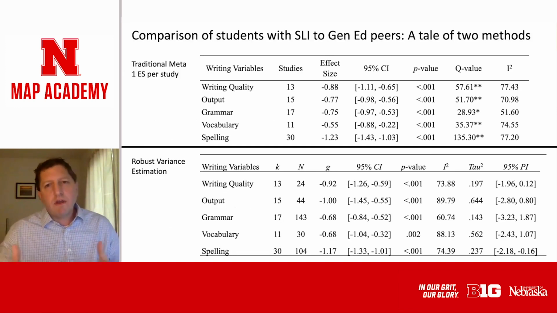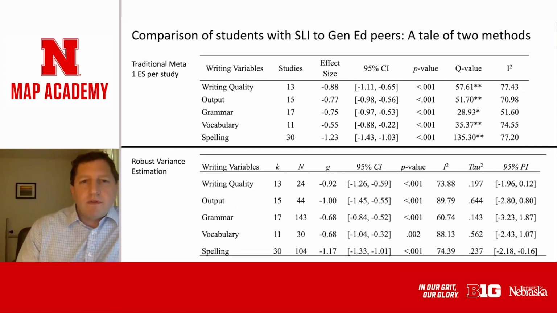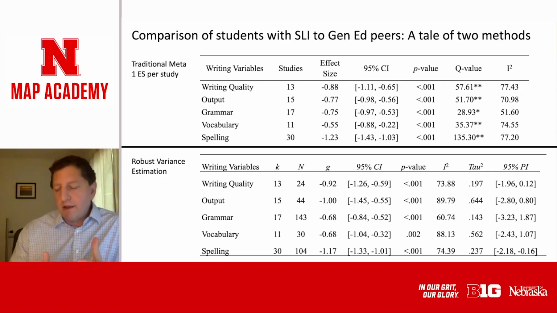So here's an example of a paper that I wasn't originally an author on. It was another person who was working on this and then invited me to be an author on it later. They first tried to do the meta-analysis with a traditional meta-analytic approach with one effect size per study.